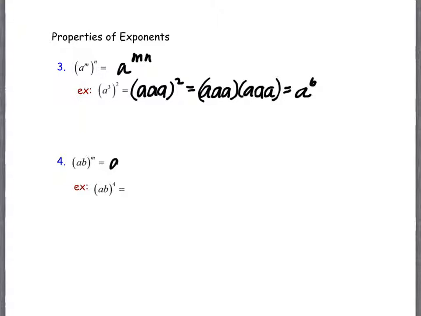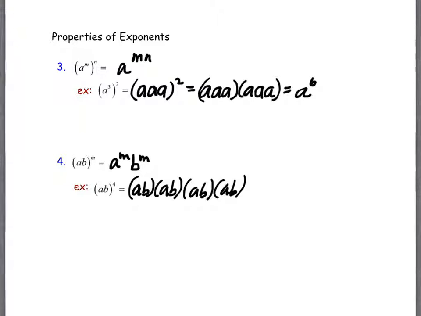Last one is a little bit different. This is the one where we said that it sort of had what looked like a distribution going on. What we do on this one is we recognize that when we have that 4, we can write this as AB, kind of like I just did on the problem above, AB 4 times. Now I'm not going to show all the steps of it, but when I want to change an expression into something else, I want to be able to sort of reverse things, right?